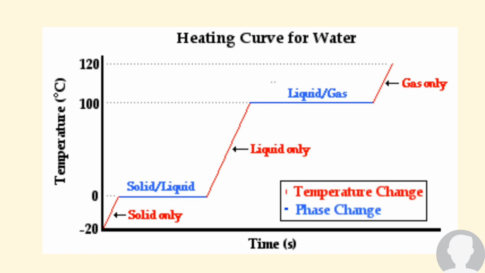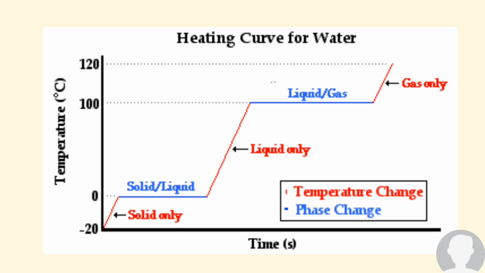Observing the graph above, we heated water from below 0 degrees Celsius to 0 degrees Celsius. At 0 degrees Celsius, the temperature remains constant. That is the latent heat energy. When we continue to heat the solid, everything will melt and be converted to liquid, and we heat the liquid to 100 degrees Celsius, where the liquid begins to boil.